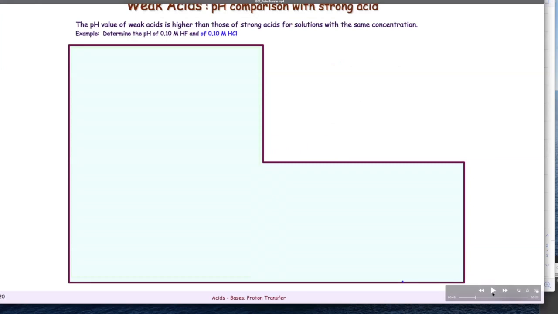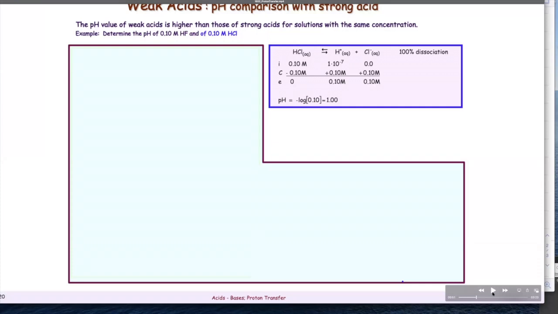So here's a detailed problem in which I have 0.10 molar of hydrofluoric acid and 0.10 molar of hydrochloric acid. Remember, hydrochloric acid is a strong acid. So you don't even have to pick up your pen to figure out what the pH is, because the hydronium concentration of hydrochloric acid is going to be 0.10 molar.